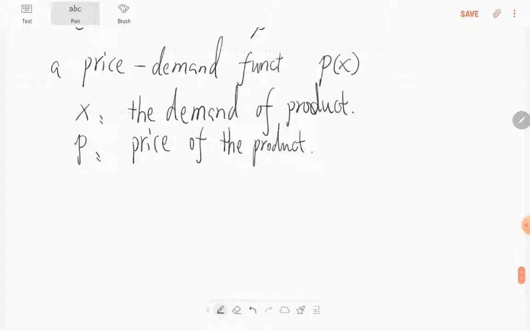So here we have some comments on this function, the price demand function.